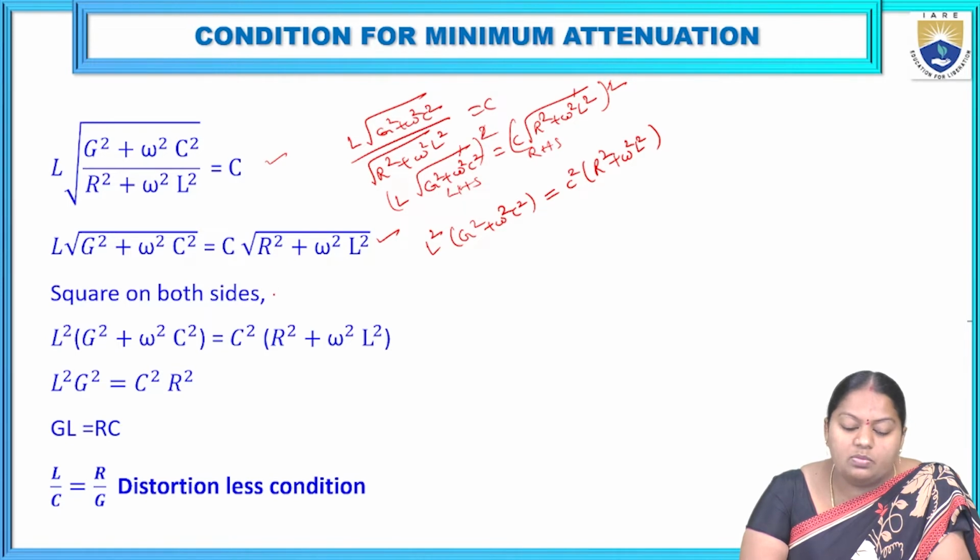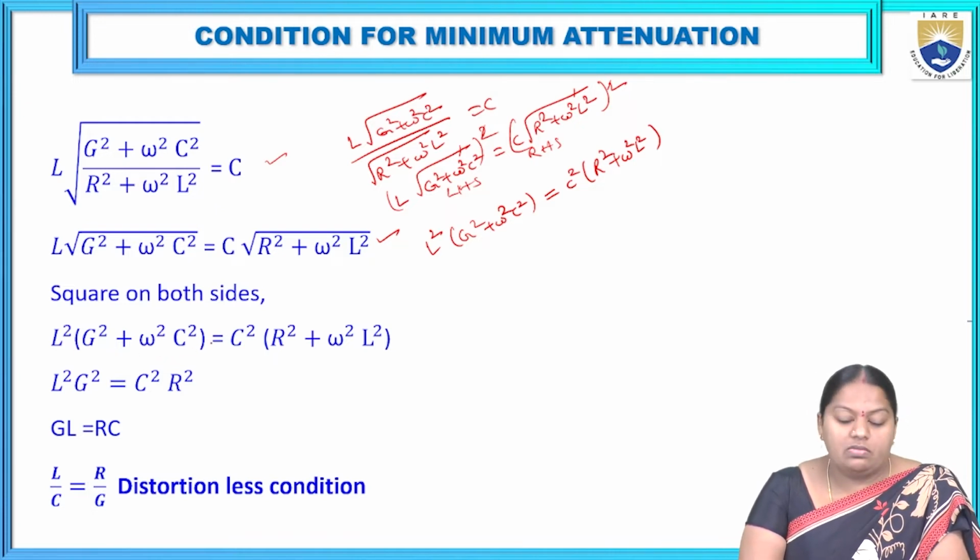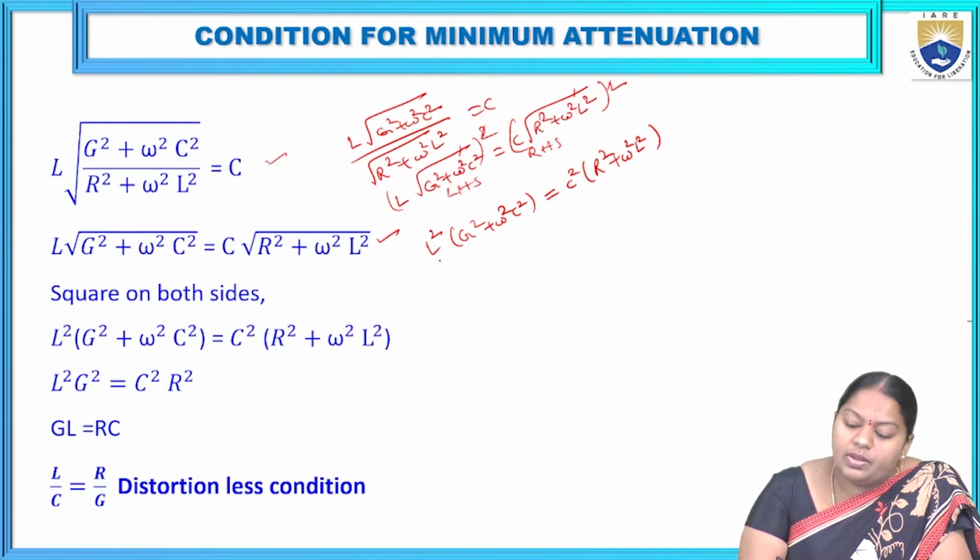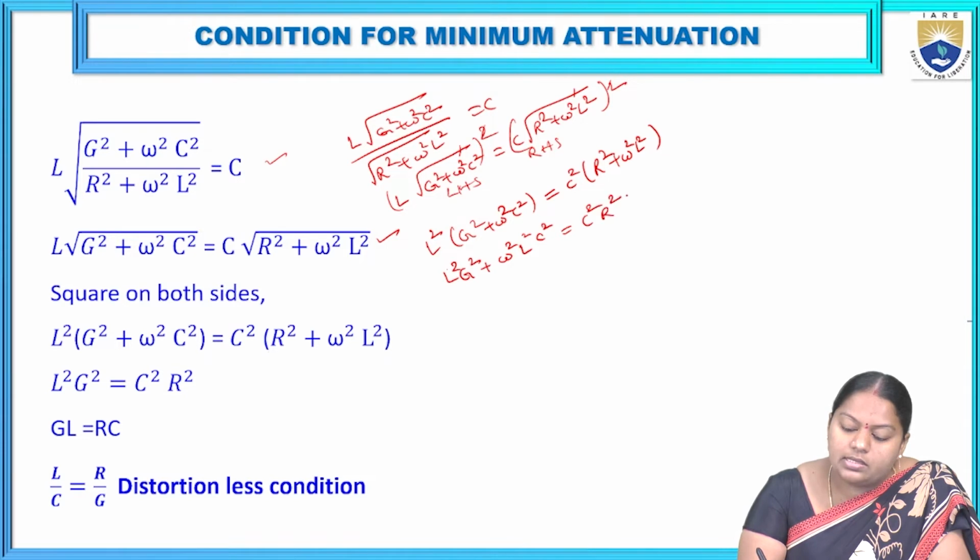Okay. Then by multiplying these separately, L square g square plus omega square L square c square equal to c square r square plus omega square c square L square.